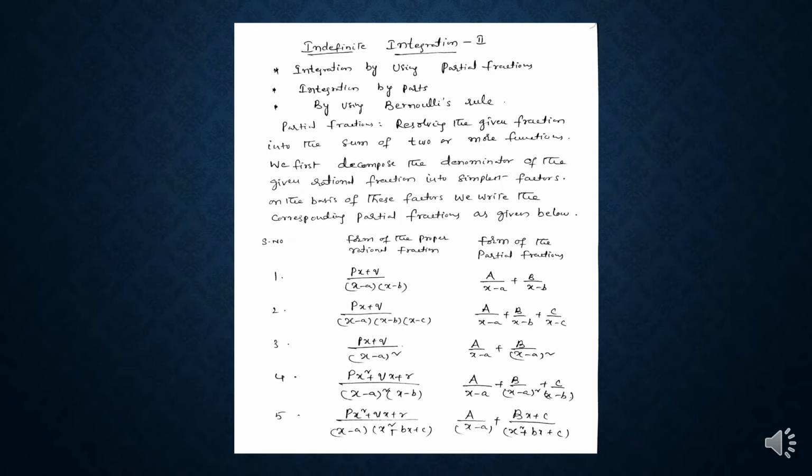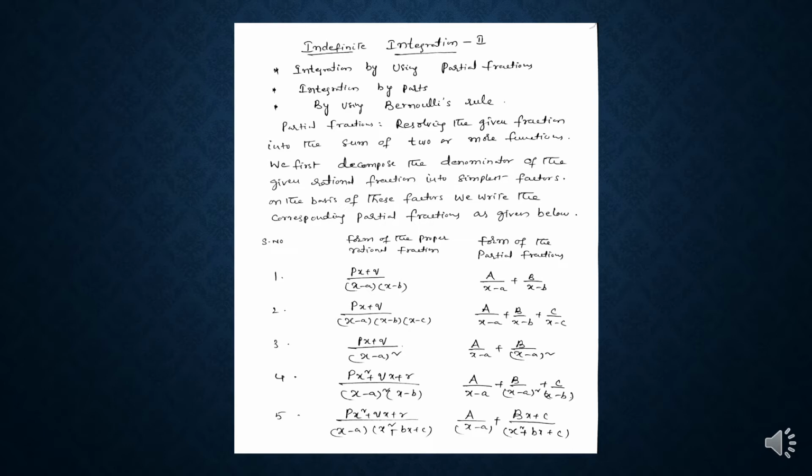Now the fifth type is px square plus qx plus r by x minus a into x square plus bx plus c. In the denominator, we have one linear factor and one quadratic factor. If we have the quadratic factor, then we should take partial fractions like this.